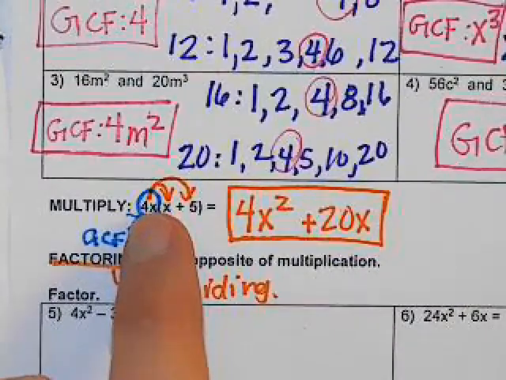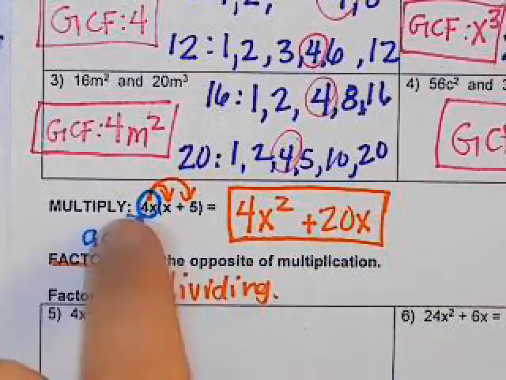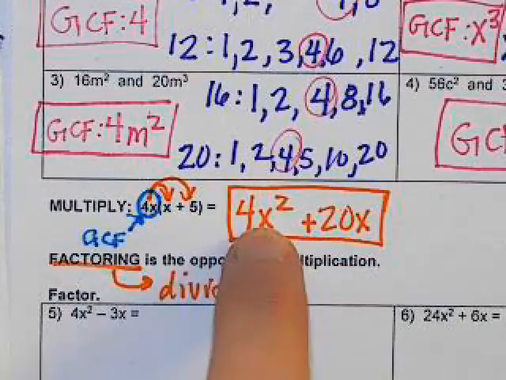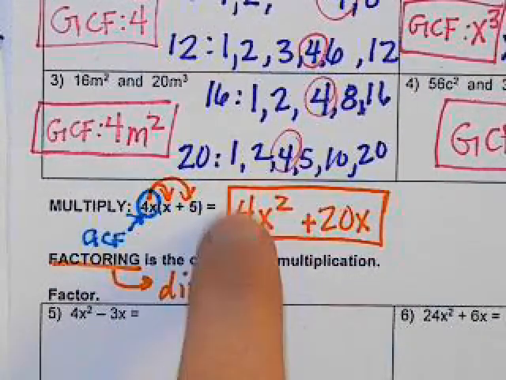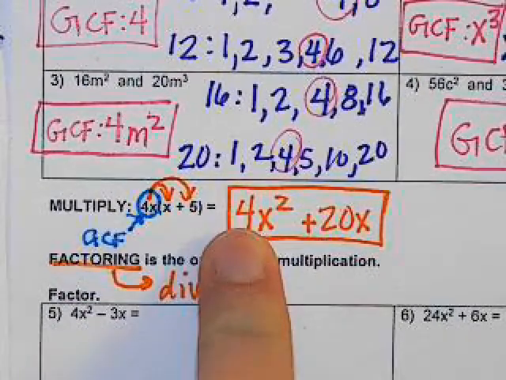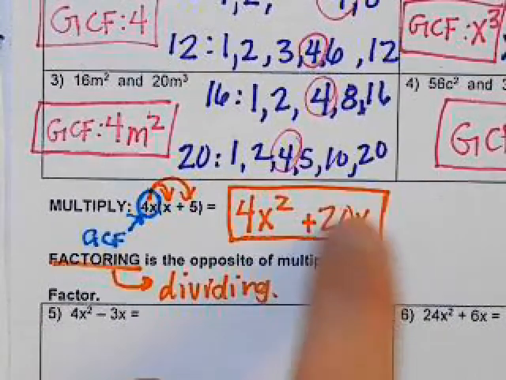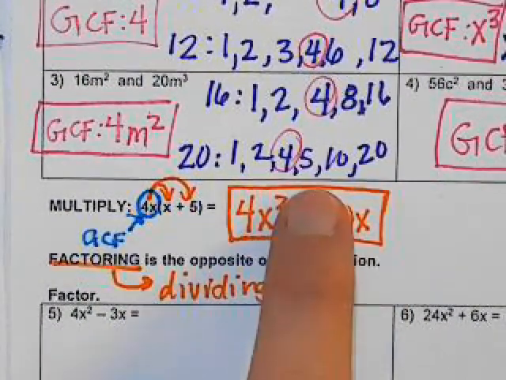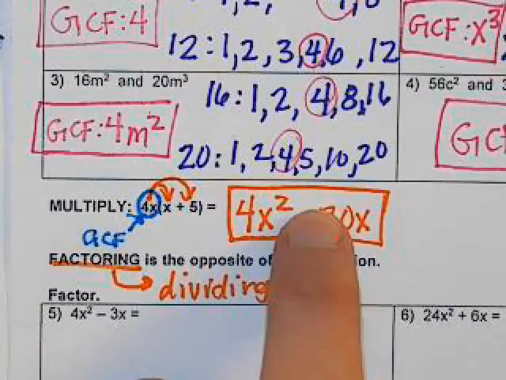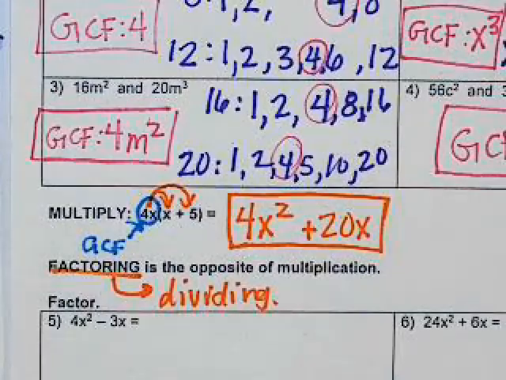Are you with me? So what I did was I took 4x and multiplied it to the x. So this right here contains this 4x in it because I multiplied it. Then I took the 4x times 5. This right here contains 4x in it because I've multiplied it to the 5. So today we're going to take that 4x out and work backward.